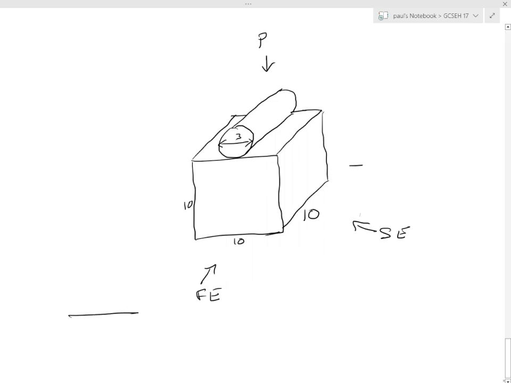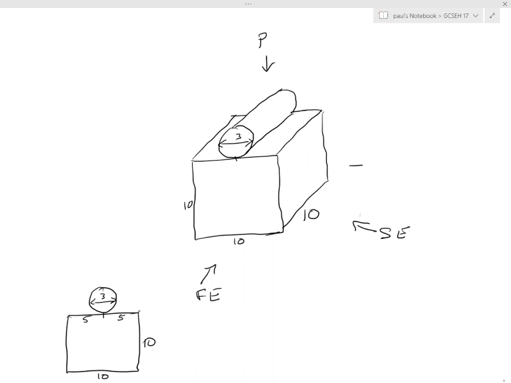So the front elevation, we're going to see the square that is 10 by 10, and we've got that, which is going to be 3. Now that middle there, obviously because this is in the middle of this square, this could be divided up into 5, 5 to help you draw the circle, to find out where to draw the circle.